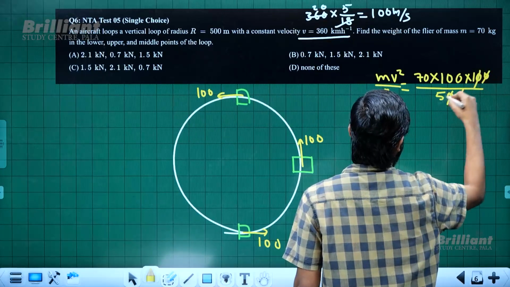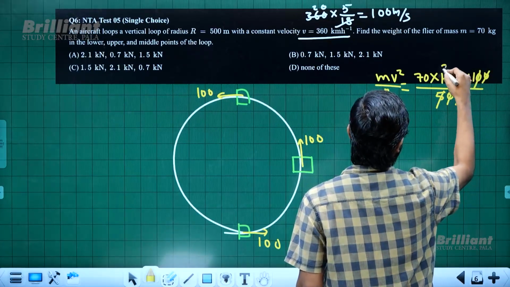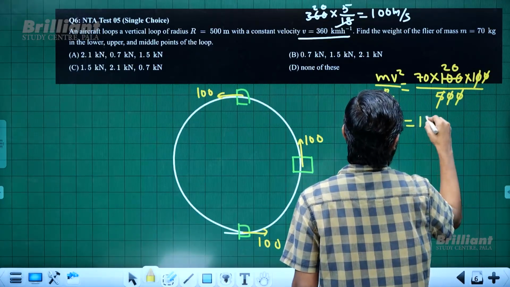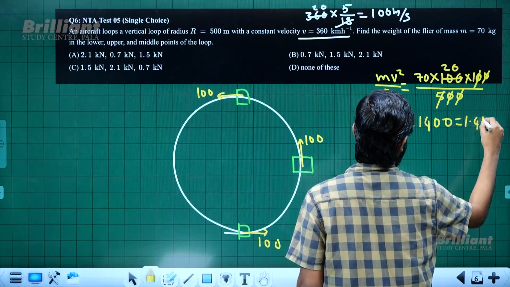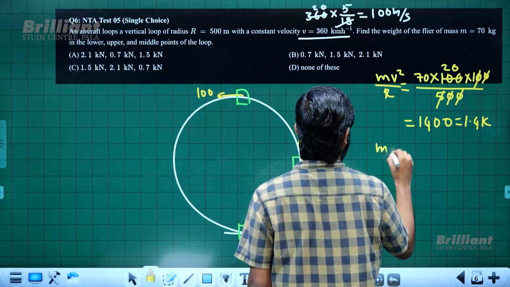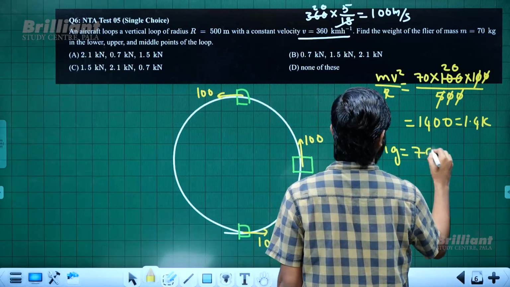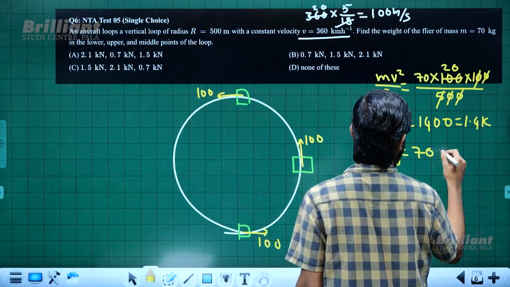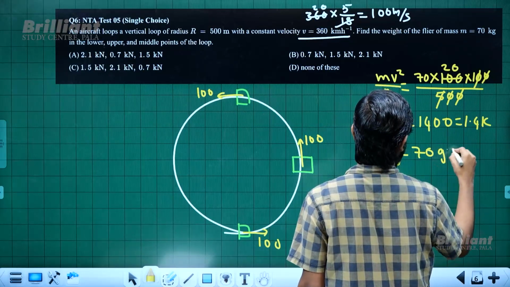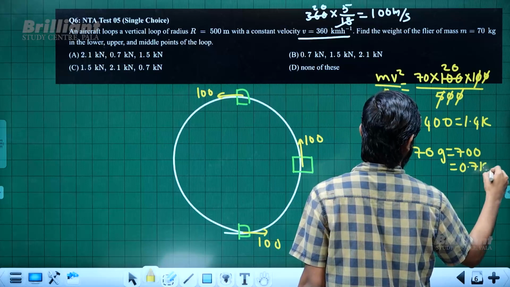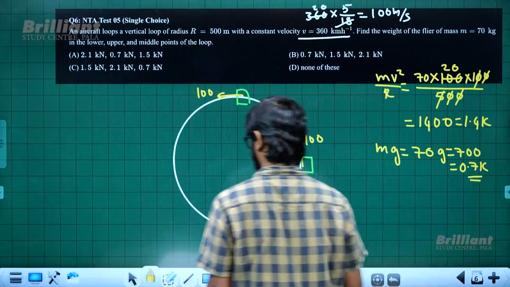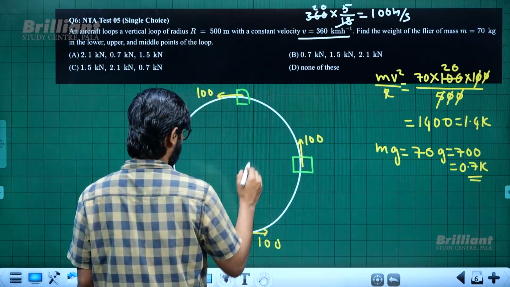This 0 will go, 5 ones are 5, 20. So this is 1400 newton or 1.4 kilonewton. Now what about mg? Mg will turn out to be 70g, which is 700 or 0.7 kilonewton.